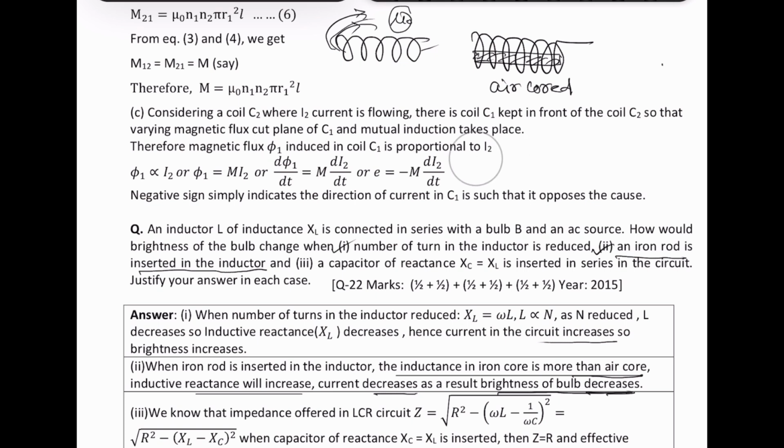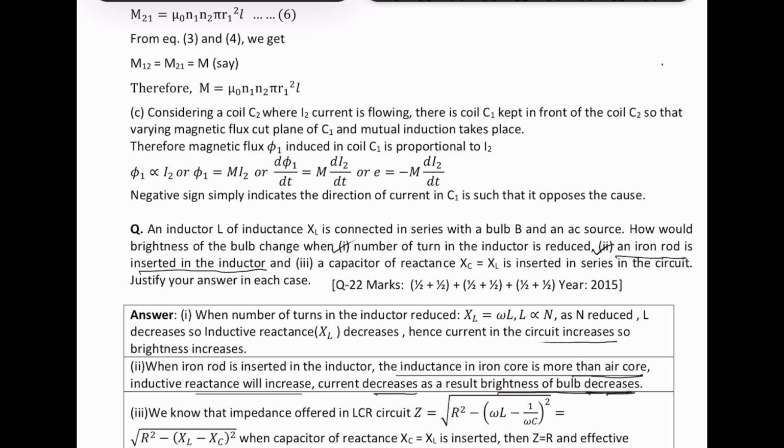Now, third part of this question. A capacitor of reactance XC equal to XL is introduced. Initially there was inductance, and this load, the bulb, is our resistance.